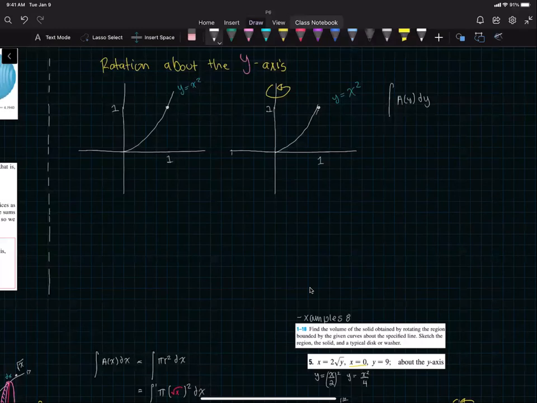So 1, 2, 3, 4. I'm going to reflect it here, and then make a sample cylinder. I'm going to make it like this, try to give it some curvature, and that's your sample cylinder. I like doing these little lines just so that I know that this is my height, or my dy.